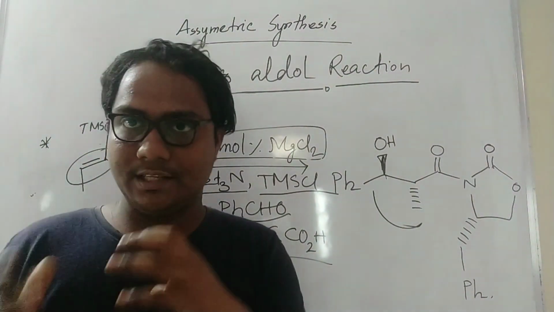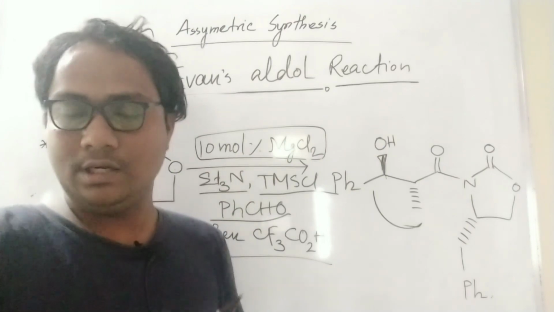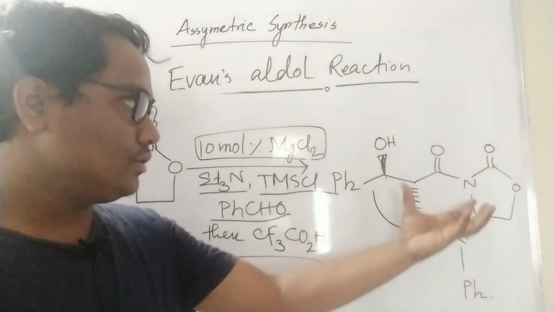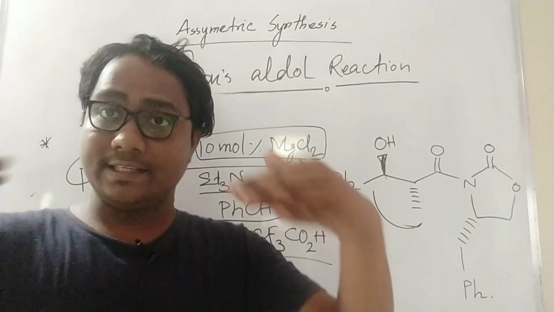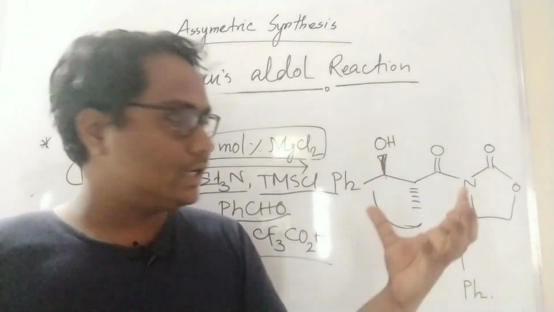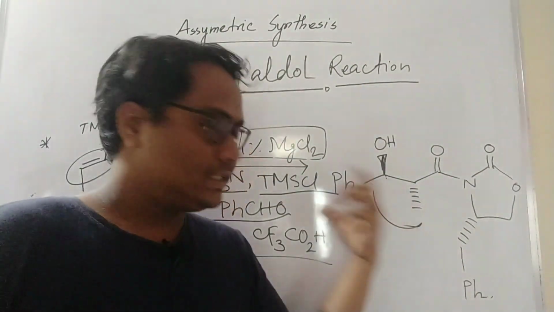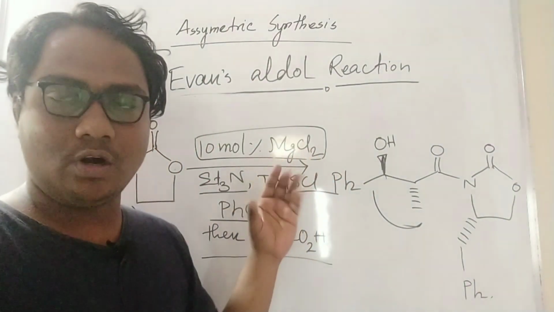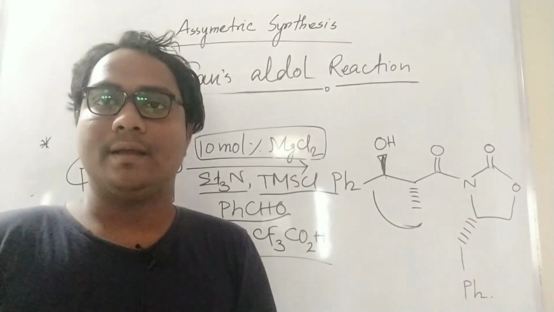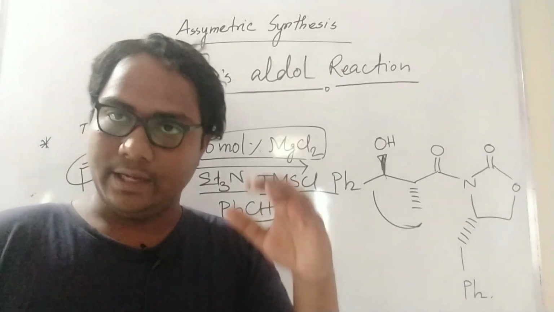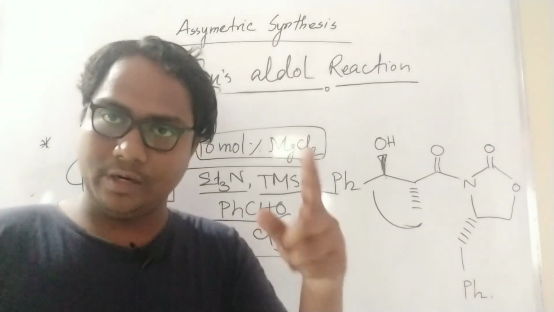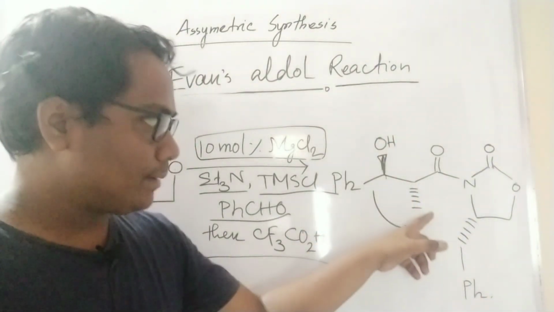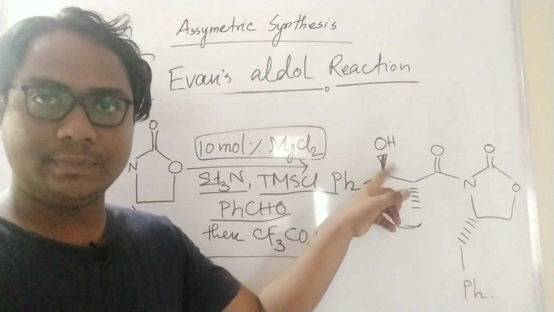If you draw the transition state like the previous one, you have to arrange the oxazolidine ring with the magnesium salt in a trans manner, so that it gives the trans alcohol. That is the main important function. This kind of salt will give the trans enolate and then the trans alcohol, but this group is not up, whereas in the previous case this group is up. That is the difference.